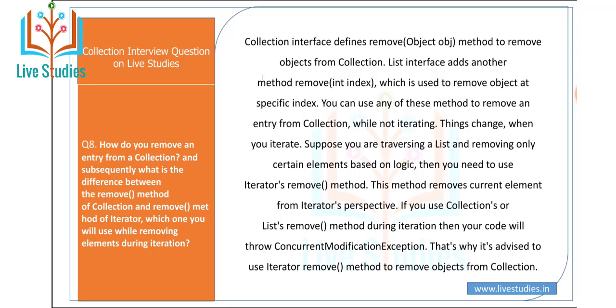Things change when you iterate. Suppose you are traversing a list and removing only certain elements based on logic, then you need to use the iterator remove method. This method removes the current element from the iterator. If you use the collection or list remove method during iteration, then your code will throw ConcurrentModificationException.